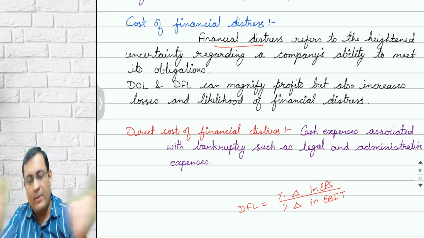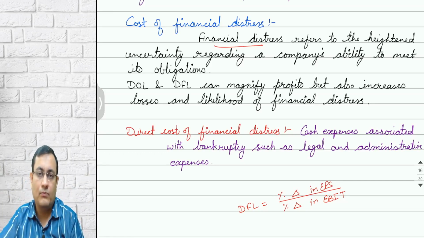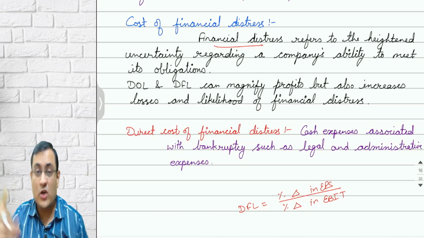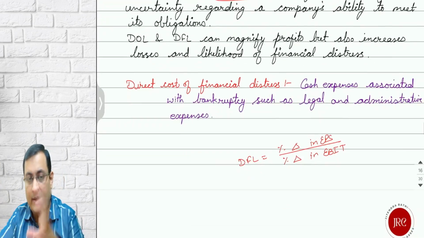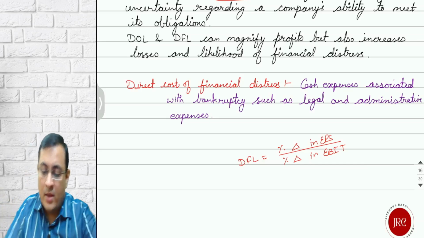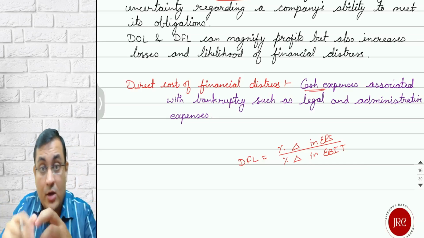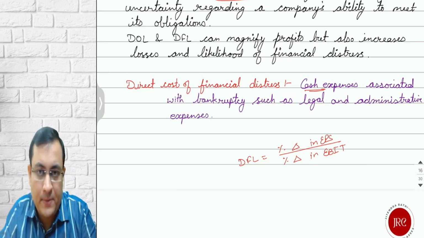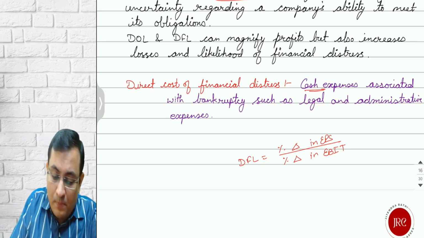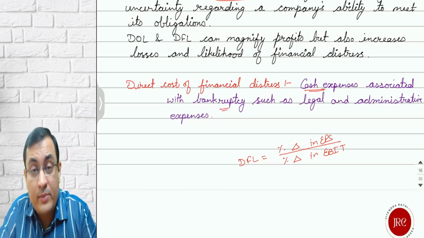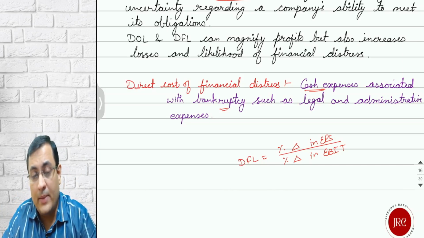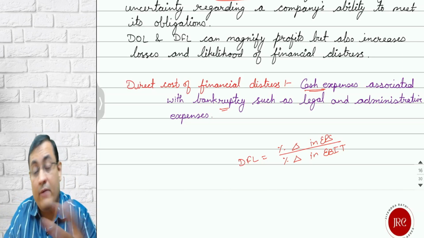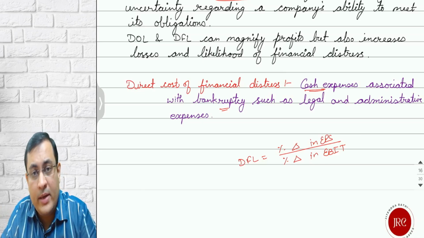Ultimately, during good times everything is good, but during bad times this is going to create an extra cost for the company, some negative things for the company, and these negative things can be direct costs and indirect costs. Direct costs are the cash expenses which the company will be required to pay, unnecessary expenses related to bankruptcy proceedings, legal and administrative, to restrict lenders or other suppliers where you have defaulted in your obligations.